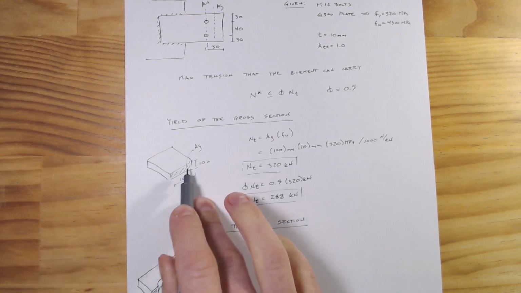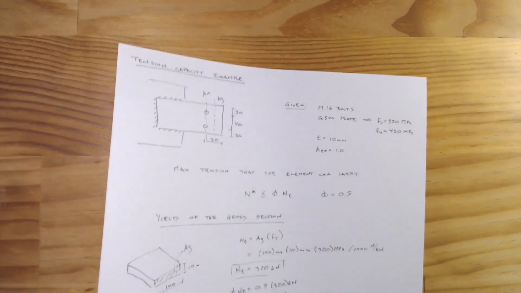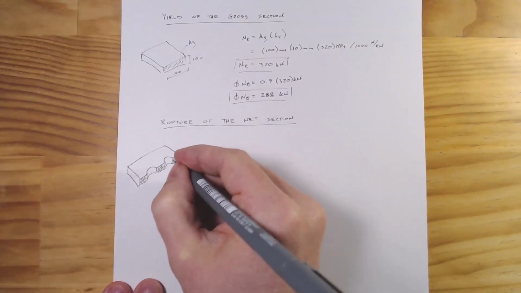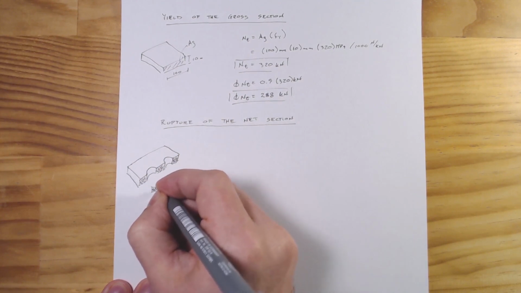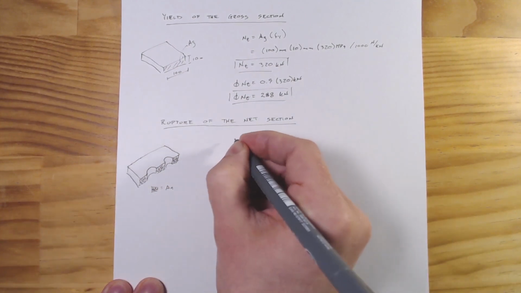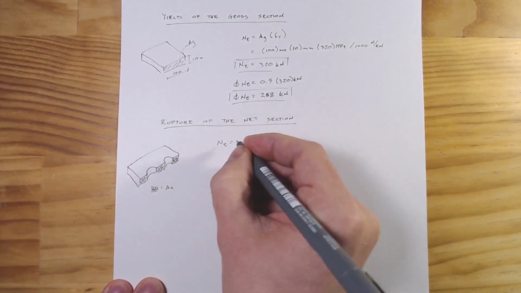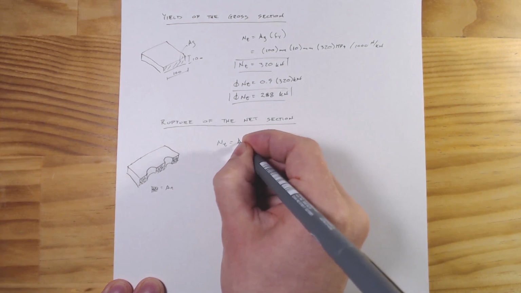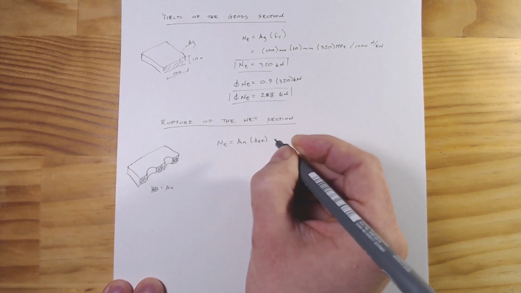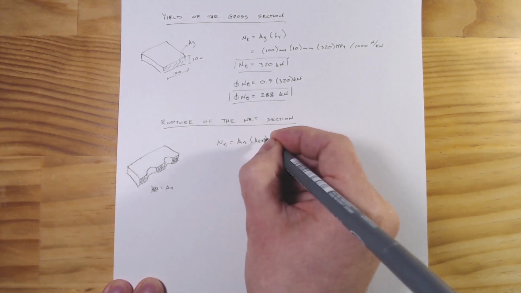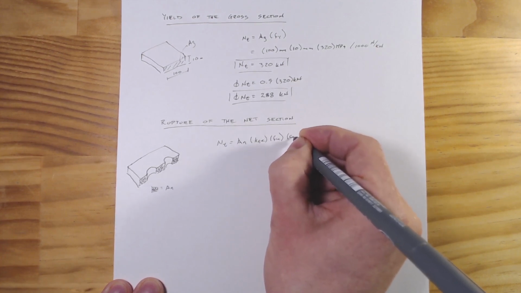And of course, that's going to be the same as our gross area minus the holes. So just move this up so you can see it. Our section capacity for a net section is going to be An times kte times the ultimate stress times 0.85.